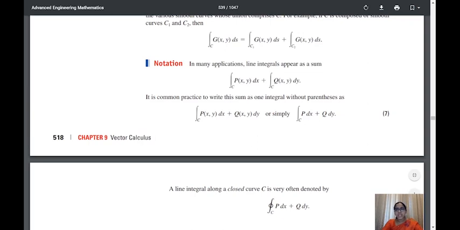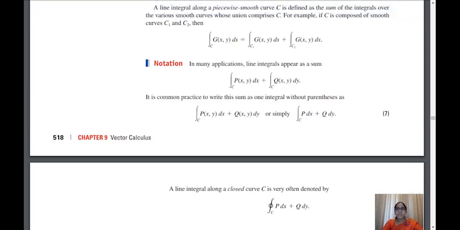So suppose we are given any curve C, and we can partition it into smooth curves, and C is the union of these smooth curves. Instead of calculating integral over C, we can calculate integral over each smooth curve individually and then just sum them.